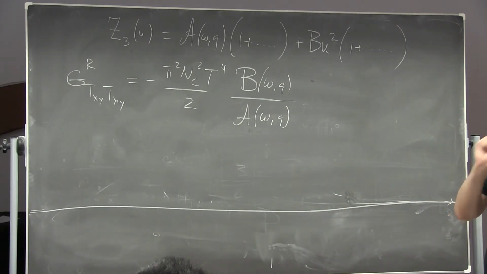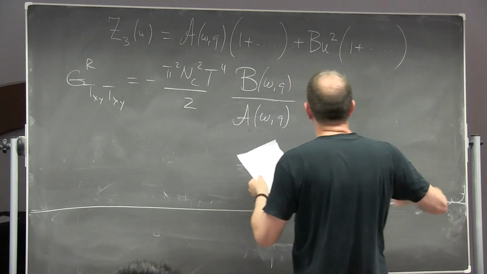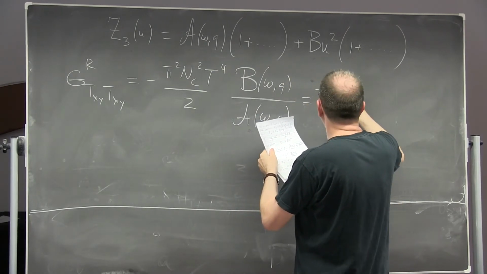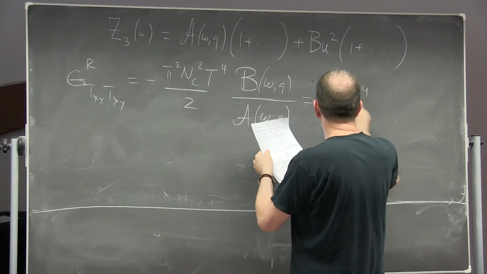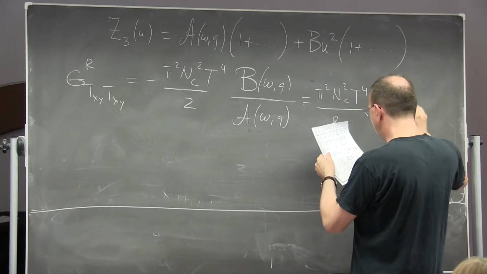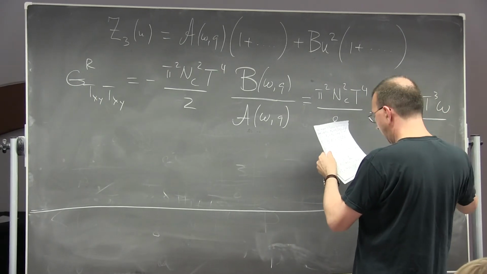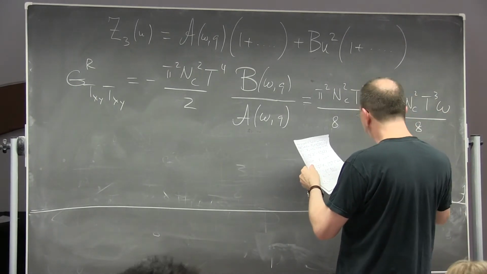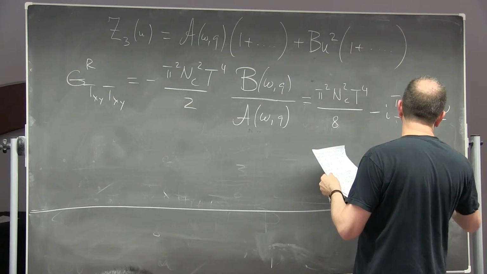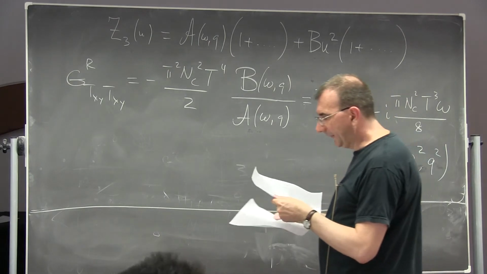And you immediately obtain all the poles in your correlation function. But you don't need this. You only need the solution for very small omega, right? And if you solve this perturbatively, the answer is the following. It's pi squared Nc squared T to the fourth divided by 8 minus i pi Nc squared T cubed omega divided by 8 also, plus terms of higher order, omega squared and so on. In fact, perturbatively, you can include them in q. Okay? So this is the answer.